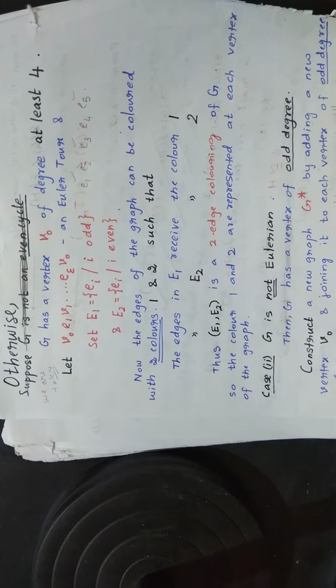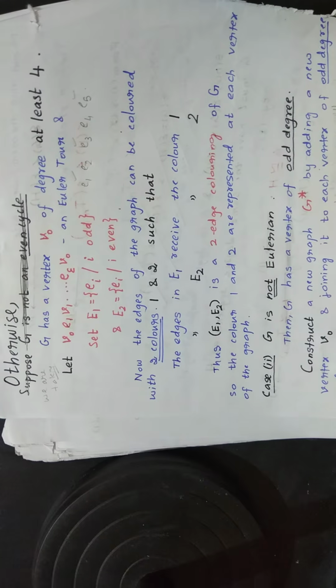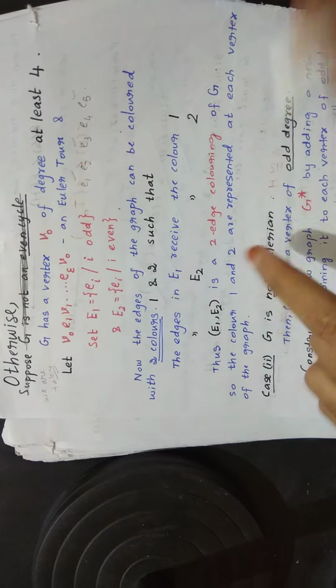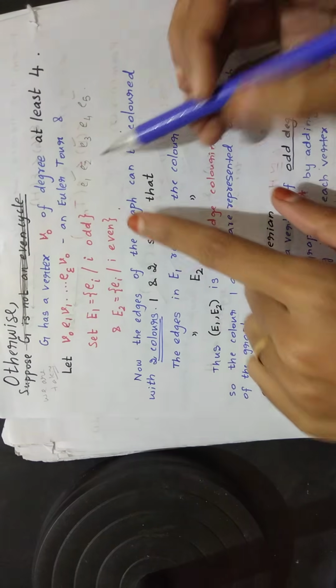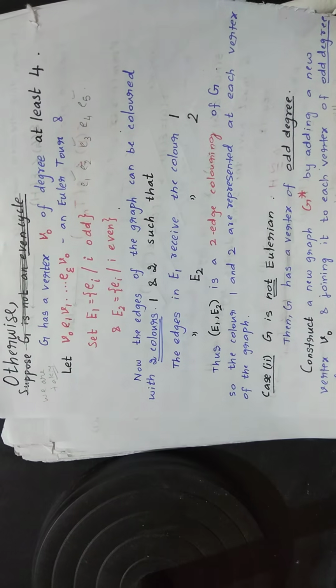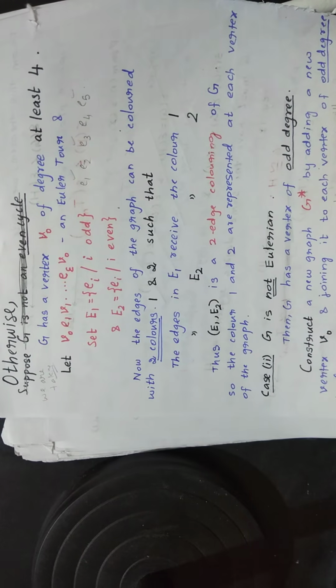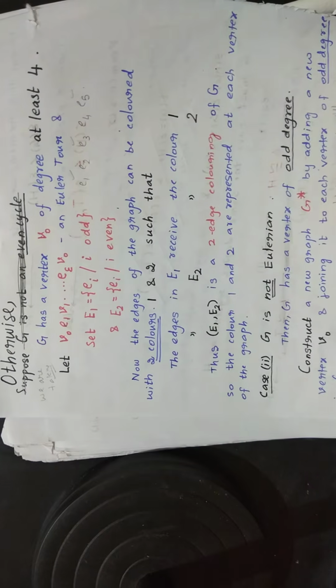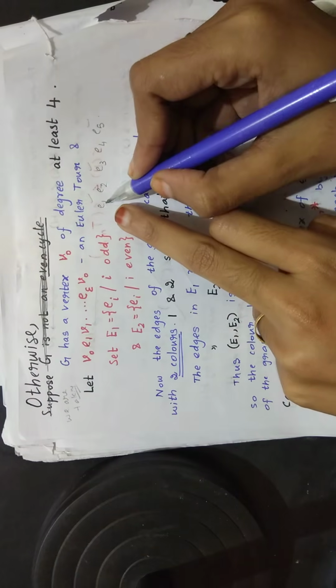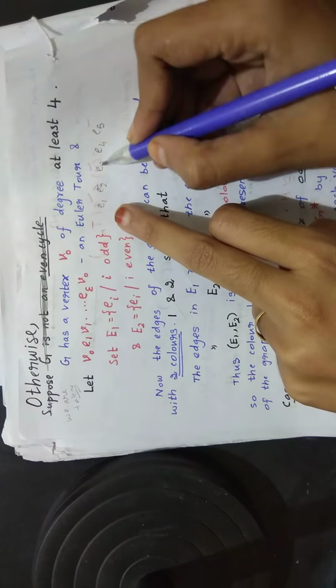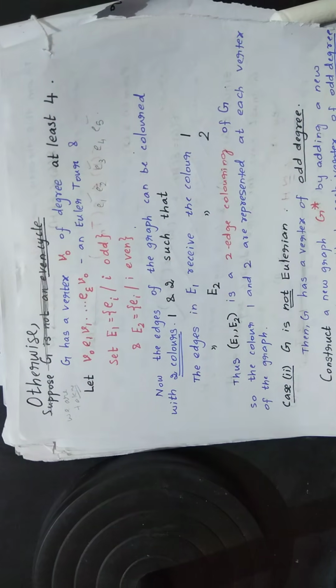Now you are dividing the edges of the graph. If there is a graph, it will have edges e1, e2, e3, e4, e5, e6, up to epsilon edges. You are dividing them into two sets. The odd-numbered edges e1, e3, e5, e7 are the odd edges.